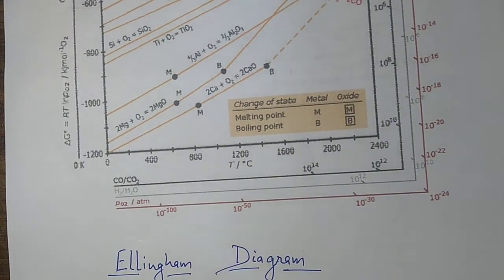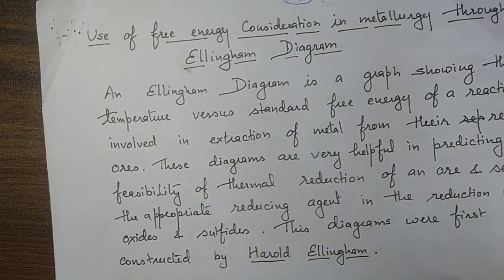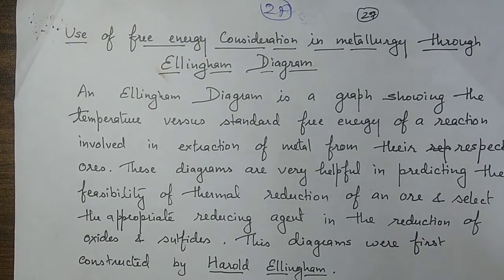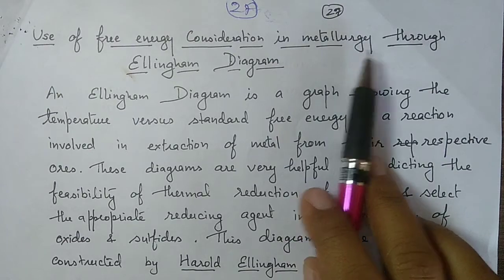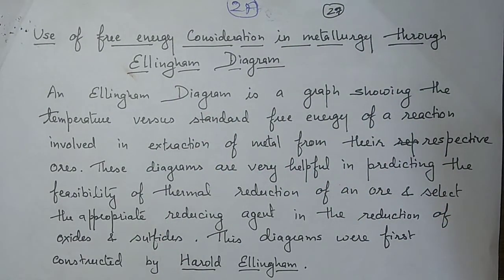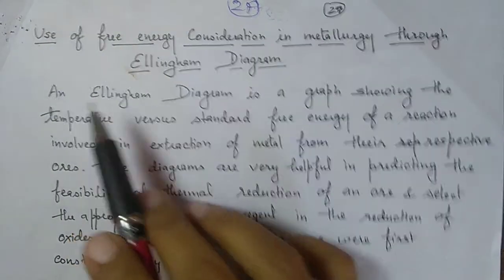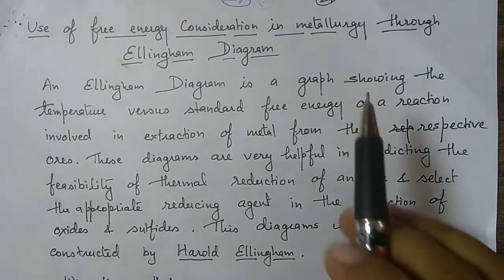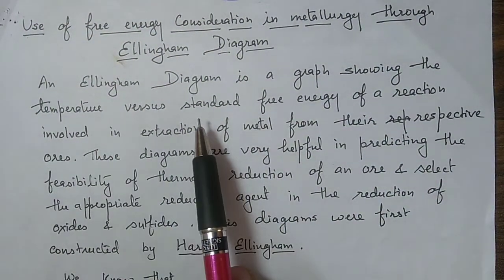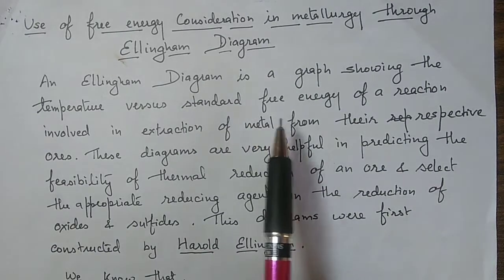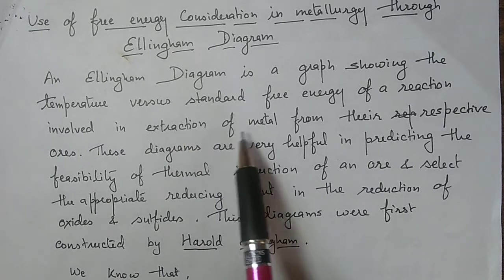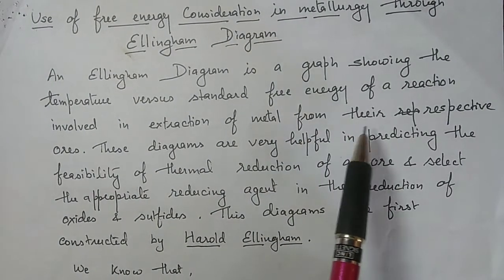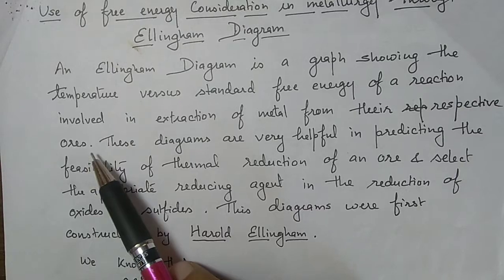Now come to the point, what is Ellingham diagram? We have to know about use of free energy consideration in metallurgy through Ellingham diagram. This Ellingham diagram is a graph showing the temperature versus standard free energy of a reaction involved in extraction of metal from its respective ore.